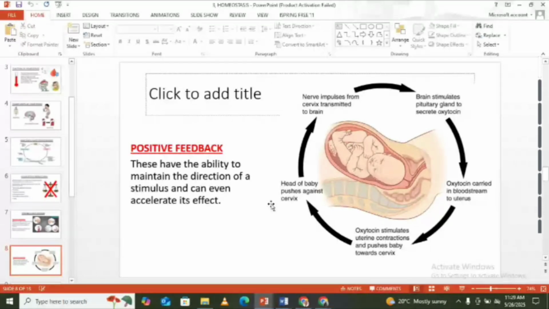More of the platelets are getting recruited until the clot forms. So that is still an example of a positive feedback system.